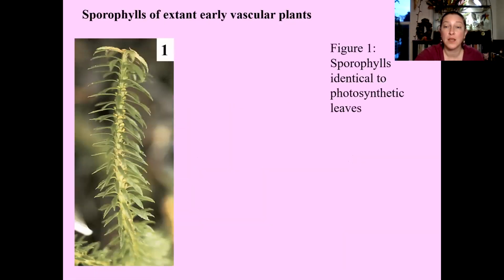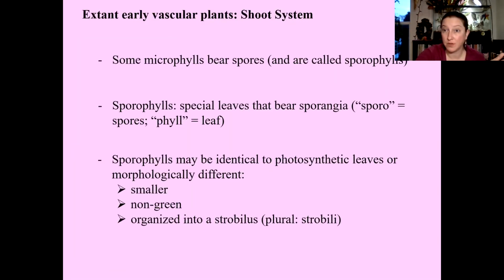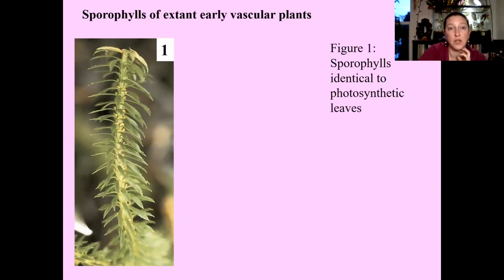Okay, so let's look at examples of the sporophylls that look like regular microphylls, and then the sporophylls that look a little different. So here first is sporophylls that look just like regular microphylls. Each of these green pokies is a sporophyll.